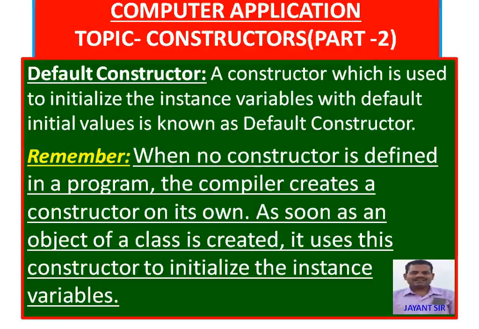If it is double type, its default value will be 0.0. If it is character type, its default value is slash u with four zeros, but you have to remember that null values will be displayed. Like that, string type also displays null.